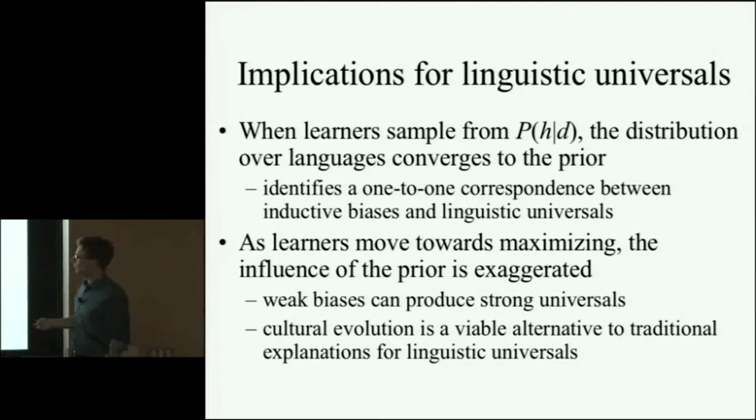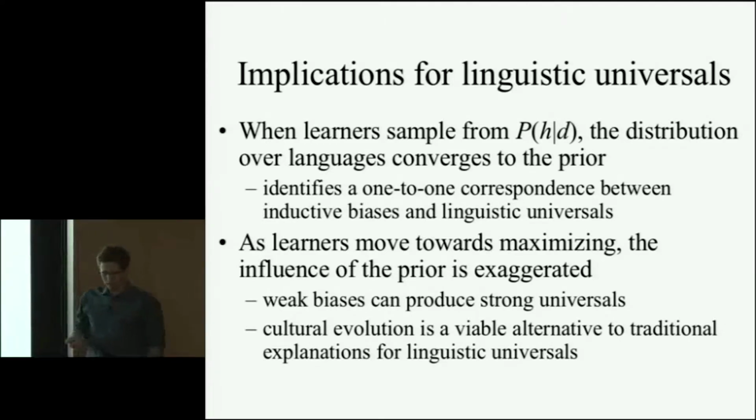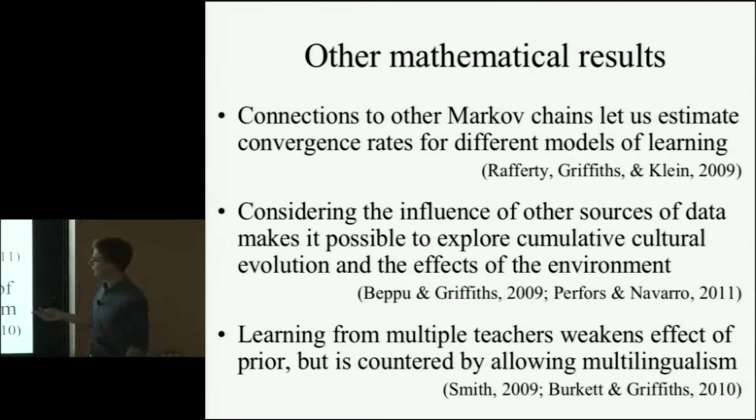This sets up a formal framework that you can use to answer other mathematical questions, and we've used it to provide other mathematical results, and other people have gone on to build on it. You can work out convergence rates for iterated learning, which tells you how long languages would need to be transmitted via these processes in order to lose the influence of a common ancestor.